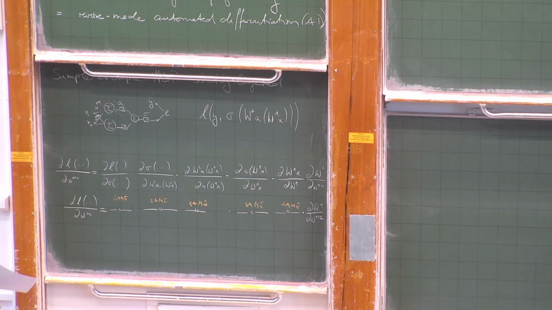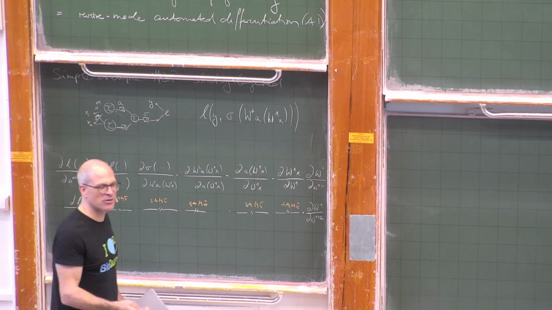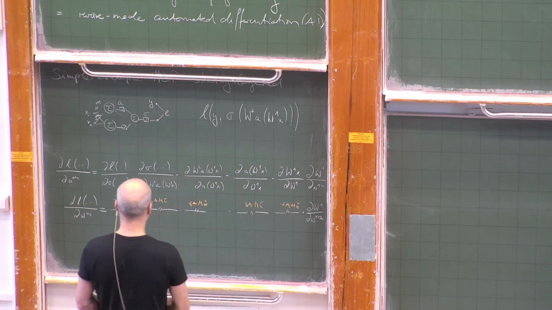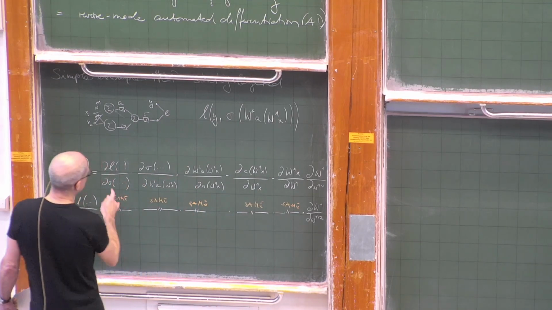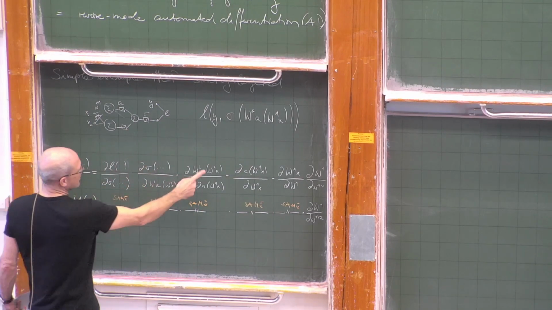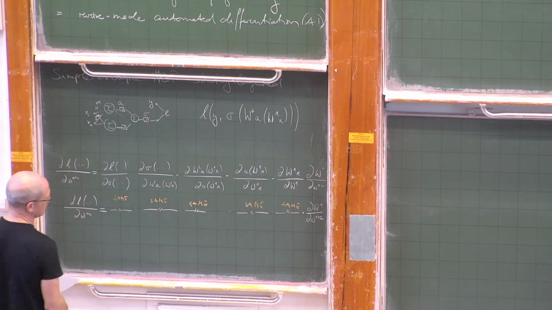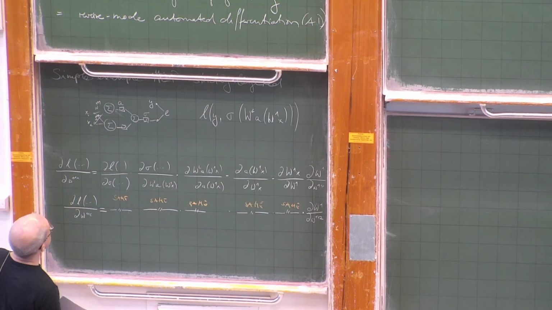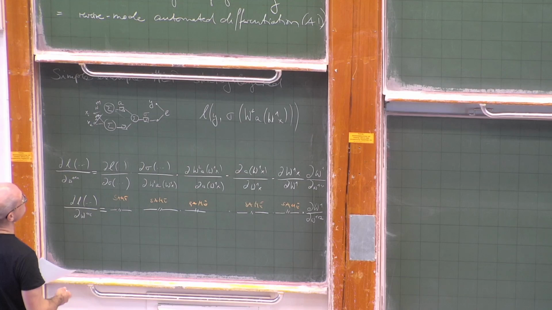And of course, when we do computations, we also want to be lazy. We want to avoid duplicate work. And this means that all these parts here, we want to compute them just once. And this is part of what makes dynamic programming possible.